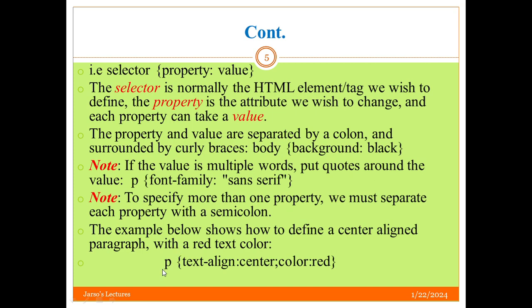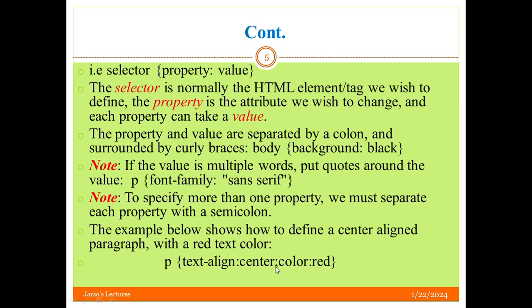The color of the contents of the paragraph should also be red. Look, they are separated by a semicolon. Using a semicolon at the end, if we have multiple declarations, is mandatory. Otherwise the browser can't identify the end of the declaration.